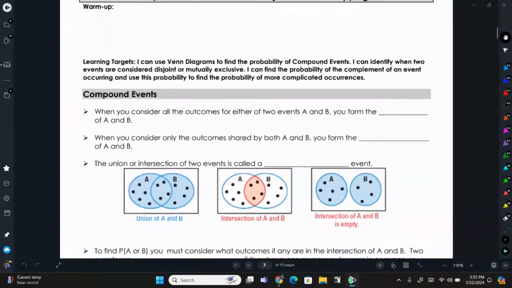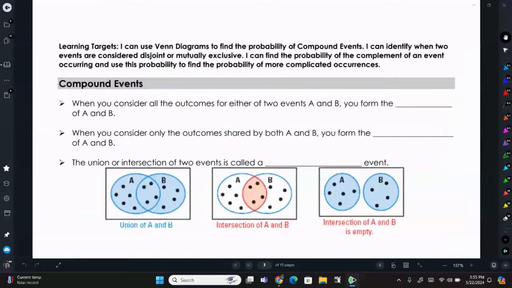So here, when you consider all outcomes for either of two events, you form what is called the union of A and B. When you consider only those outcomes that are shared by both A and B, you form what is called the intersection. So the intersection is where both events overlap.